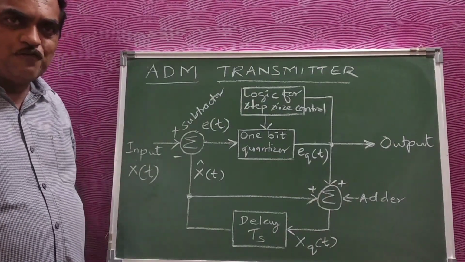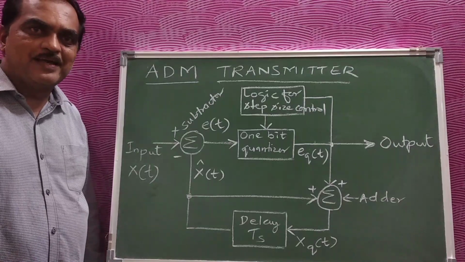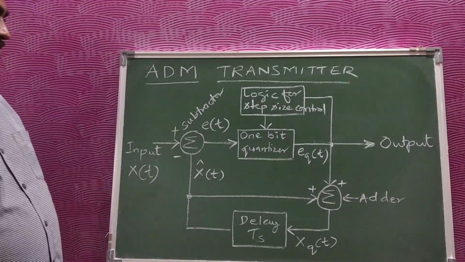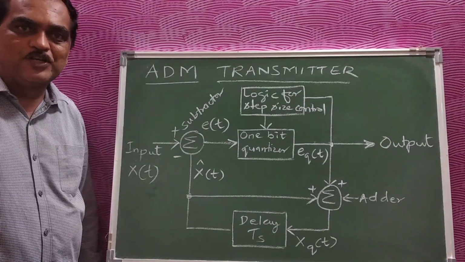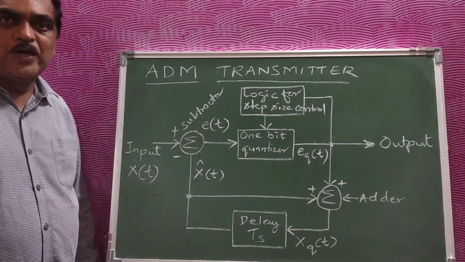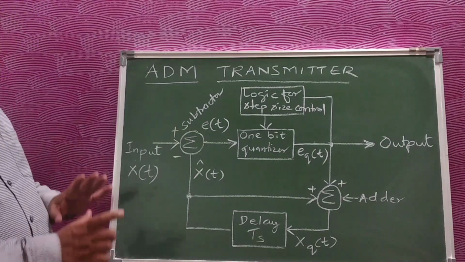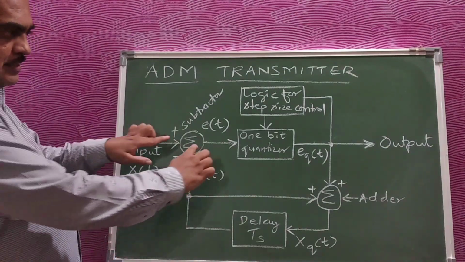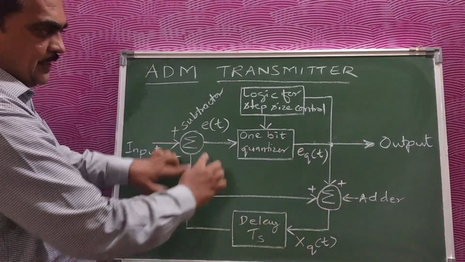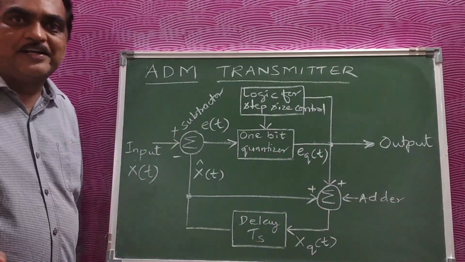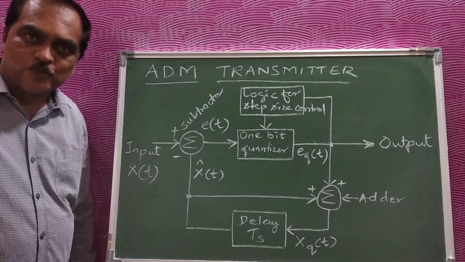Dear students, now we will see what we mean by the ADM transmitter, that is the adaptive delta modulation transmitter, where you are going to generate the adaptive delta modulated signal. Now if you see the diagram, this part is the same as delta modulation. It is delta modulation only.